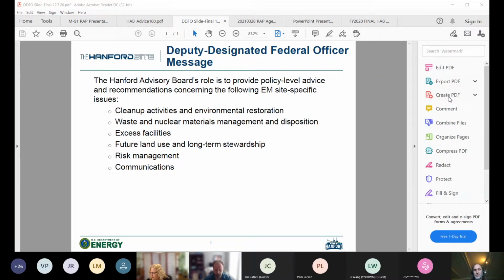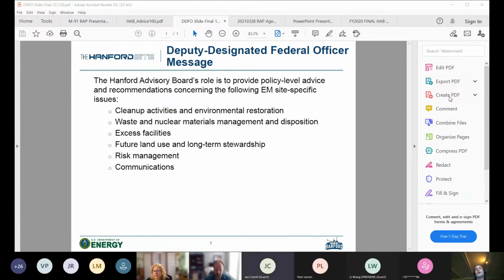Drilling a little further, you get to the Memorandum of Understanding, which is specific to just the Hanford Advisory Board. That document also brings in the ability to discuss the Tri-Party Agreement, and that we can provide advice for not just DOE, but all three Tri-Party agencies. So we are an independent board. We have the ability to do a little bit more than what's on the slide.